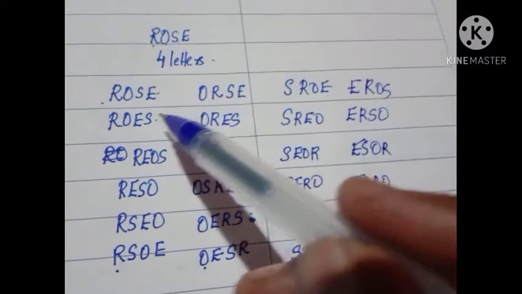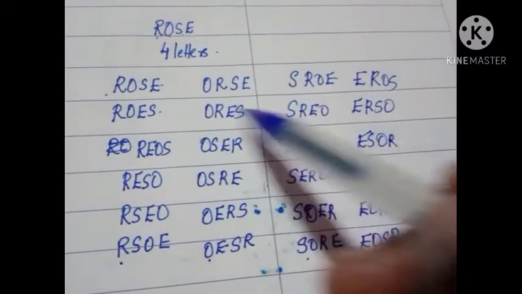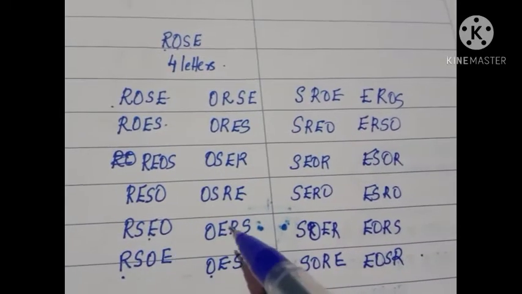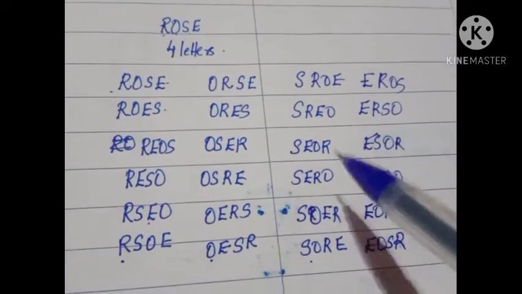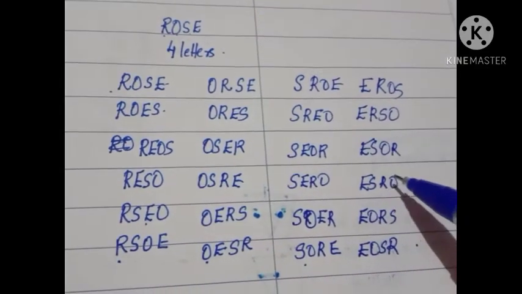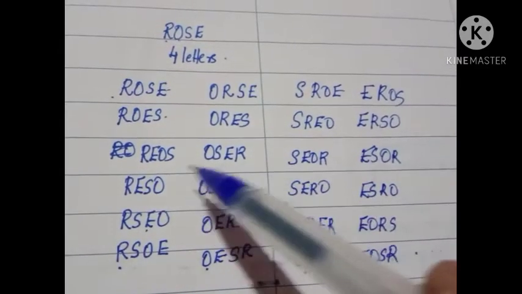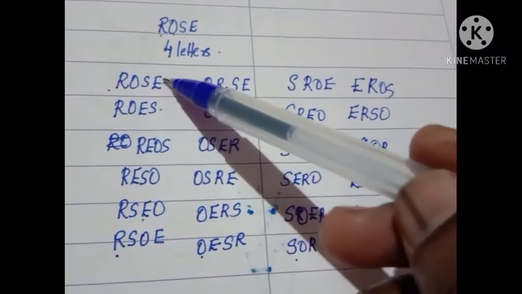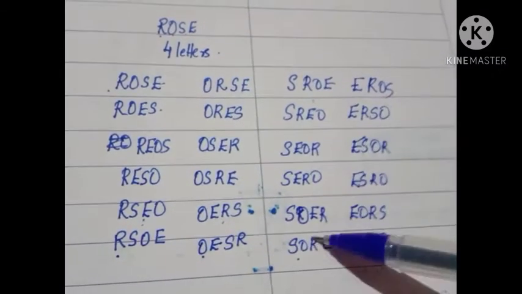Now listen, all these arrangements are different because each and every letter carries its own place. That's why I mention all these are different letters, different words or different arrangements. Look here, you can see that there are 6, 6, 6, 6.